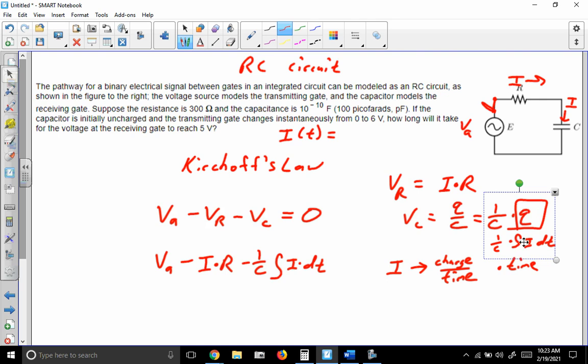So Q, integrating current over time, will add up those charges. And when we do that times 1 over C, that'll give us the voltage drop across that capacitor. Our applied voltage, the voltage from the resistor, the voltage from the capacitor, that loop sums to 0.